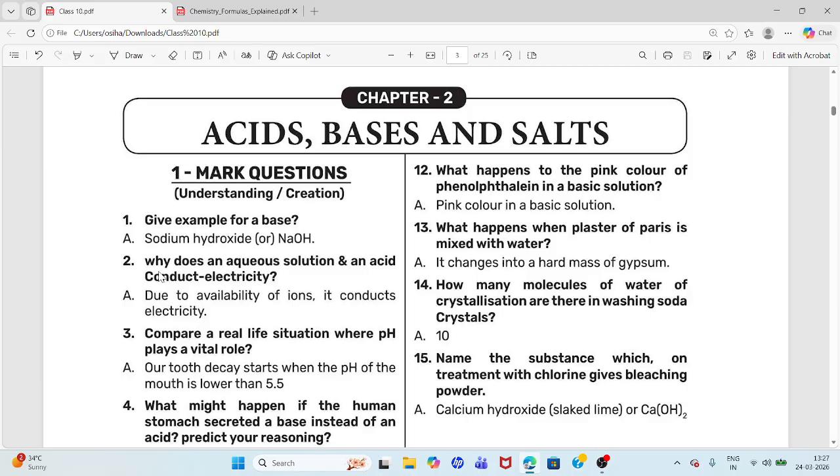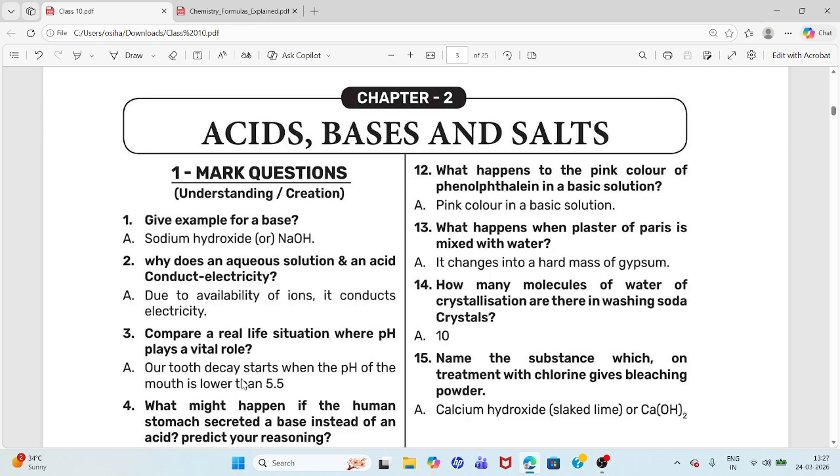Second question: why does an aqueous solution of an acid conduct electricity? Answer: due to the availability of ions, it conducts electricity. Third question: compare a real life situation where pH plays a vital role.